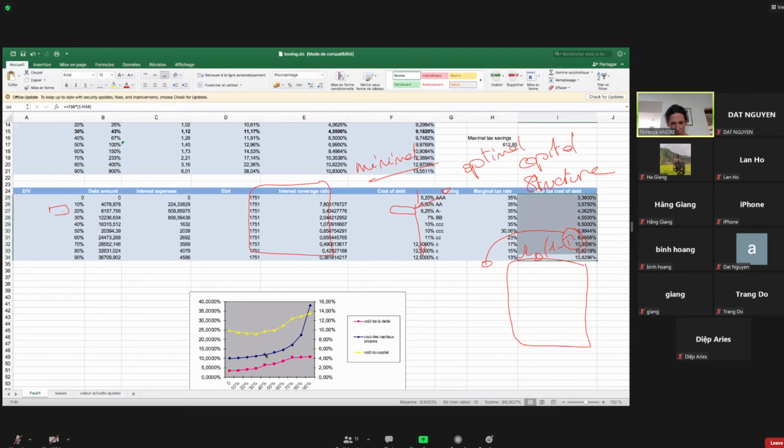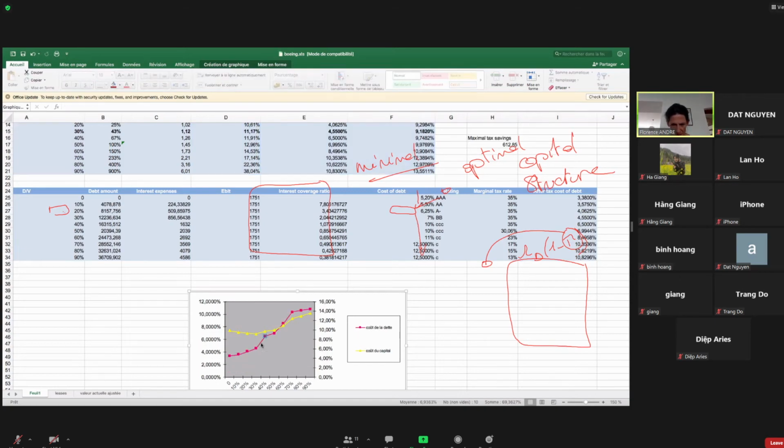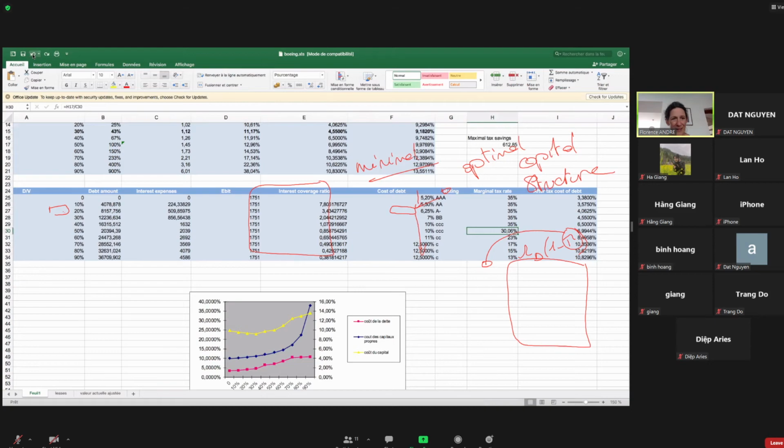It's not very clear, but it looks like a U curve, with at first a decrease and after an increase of the WACC. Is it okay for everybody? Is it clear for you?